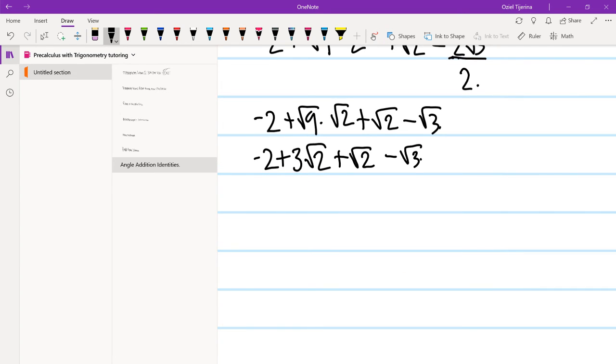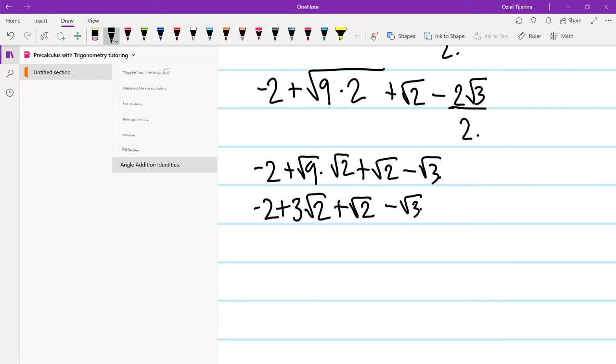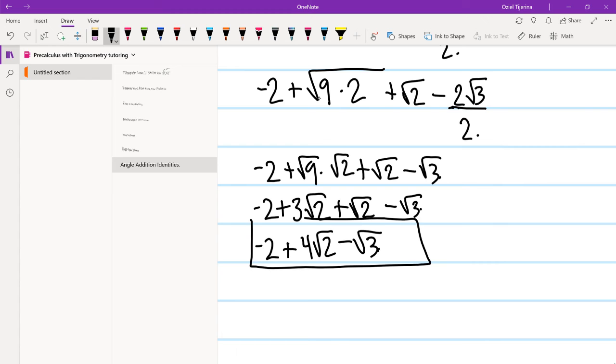So then you would say negative 2 plus, since it's a square root, it's going to be 4 square root 2 minus the square root of 3. And that would be your answer.